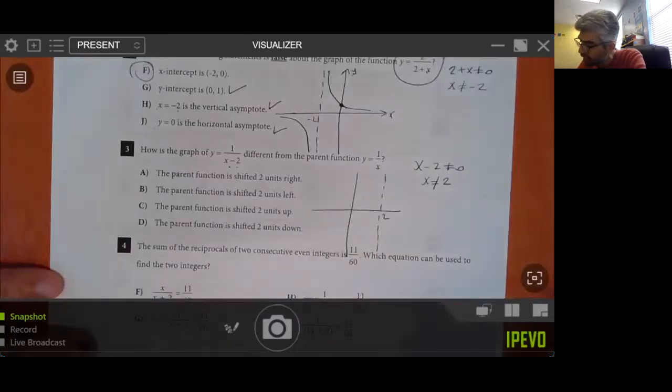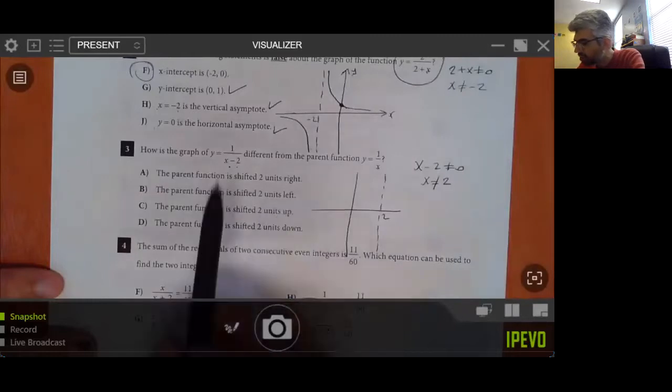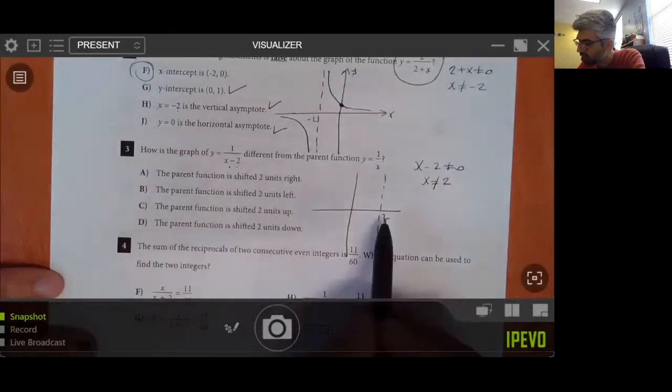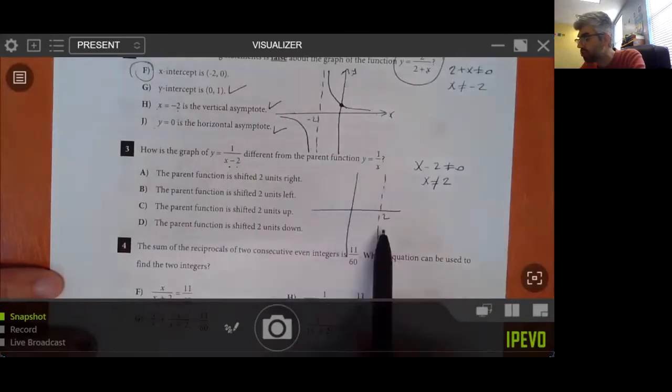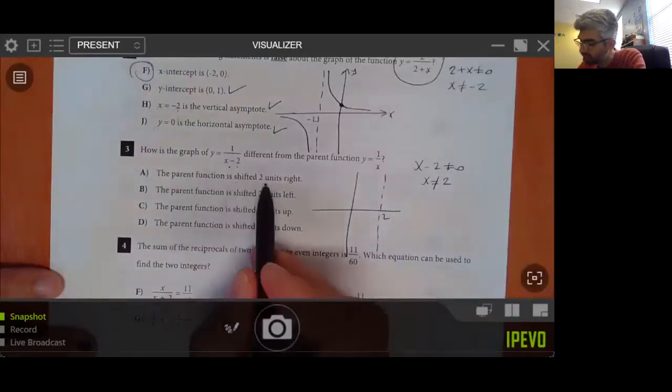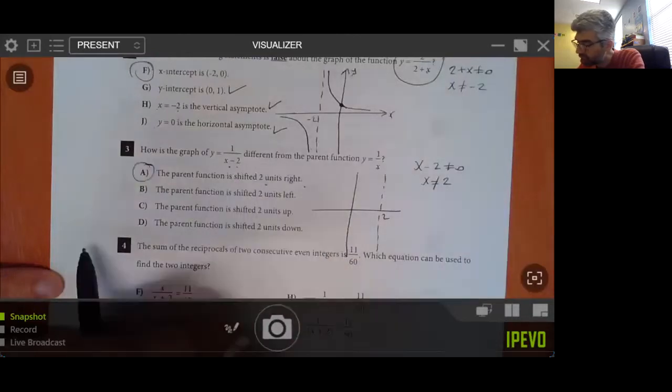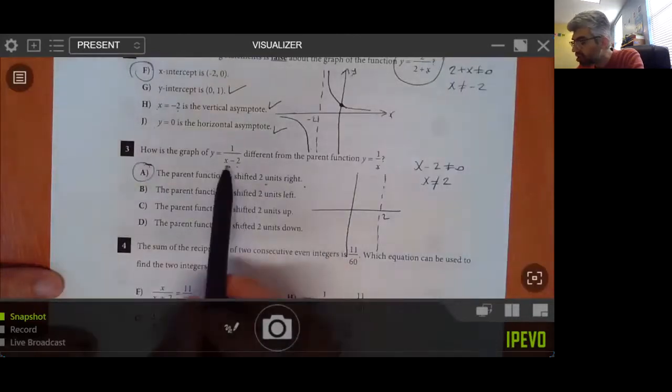Okay, and also we know this is the first thing, right? So the vertical asymptote was at x is 0. Now x is 2. It means it's shifted 2 units right. The parent function is shifted 2 units right. So this is the correct answer. Also, we can understand from here, whenever we have a number with x, we shift the parent function graph to the left or right.